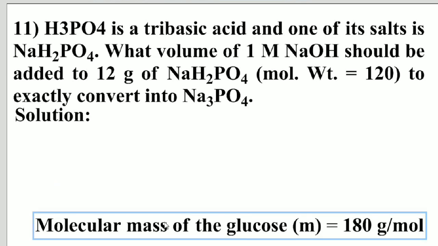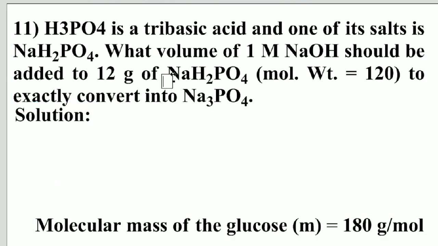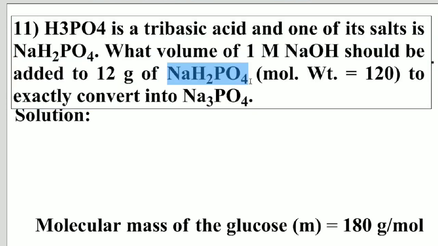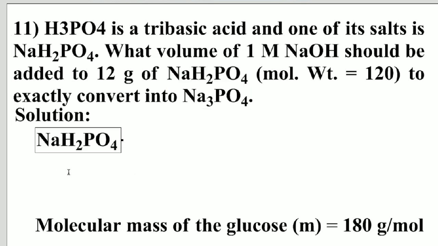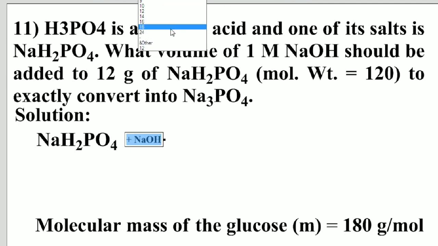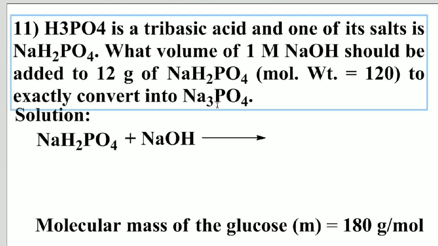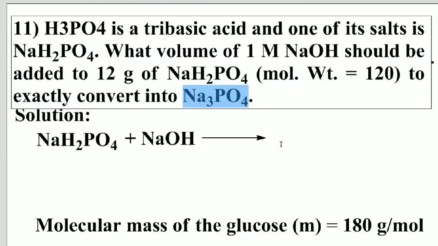From the given problem, the possible reaction is: to the NaH2PO4, if we add sodium hydroxide NaOH, it is converted into Na3PO4, sodium phosphate.